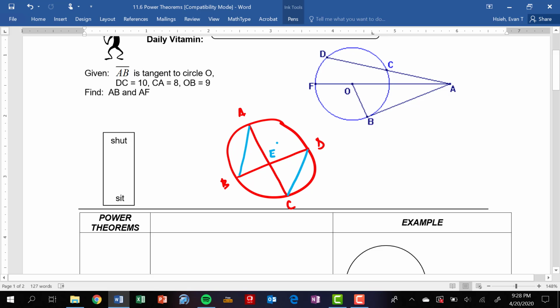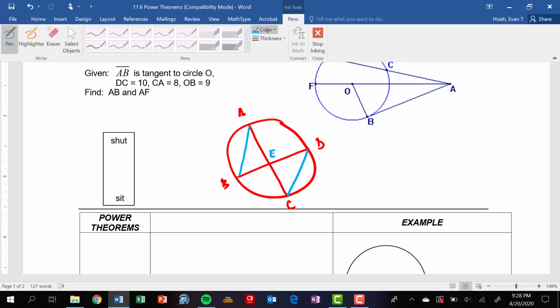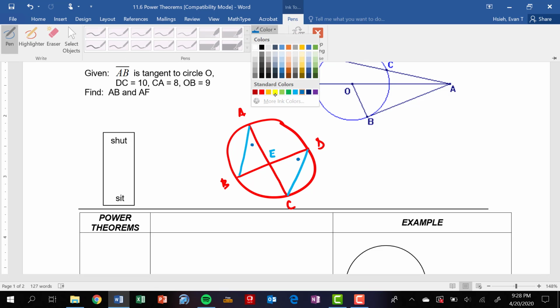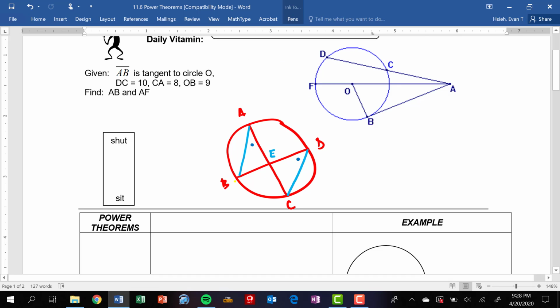And hopefully if I point this out to you, you can see that this angle right here and this angle are congruent to each other because they are inscribed angles that intercept the same arc right there.